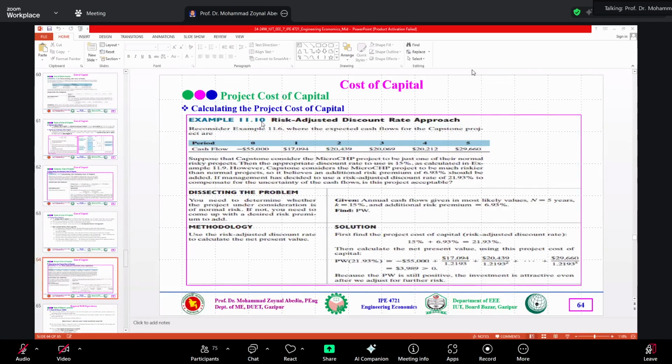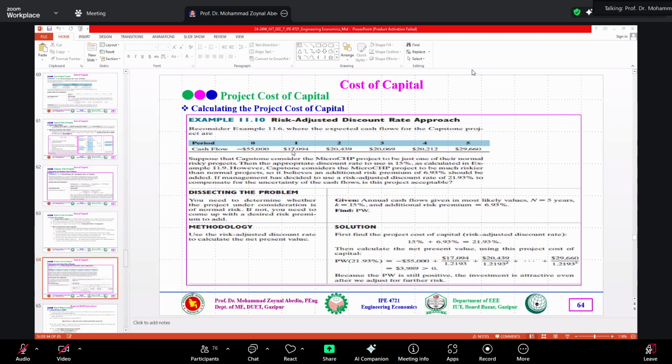This is example 11.10. Risk adjusted discount rate approach for the project cost of capital. Reconsider example 11.6, where the expected cash flows for the Capstone projects are, okay, cash flows in the period of 55,000 US dollars, you know. This is negative, meaning it has been invested.